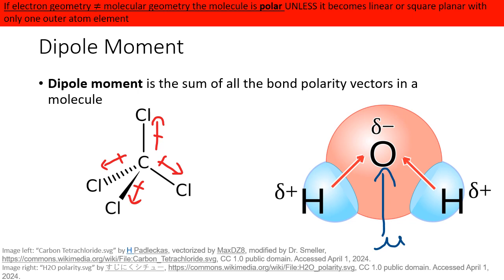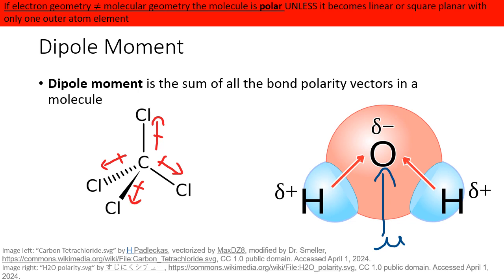Everything is evenly spaced. By definition, that's what VSEPR predicts. So this has bond polarities that cancel out perfectly. They equal 0. Carbon tetrachloride is a nonpolar molecule. Repeat, even though the bonds have polarity, all of them added together mean a dipole moment of 0.